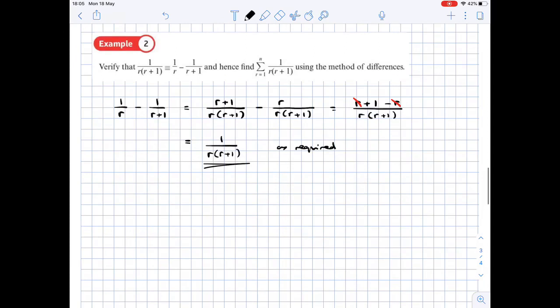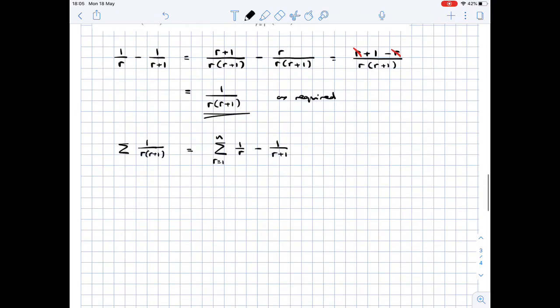Next, or hence, we want to use that result. So the sum of 1 over r times r plus 1 could be rewritten as the sum of 1 over r minus 1 over r plus 1, and that's the sum between the first term and the nth term. So I'm going to write this out.